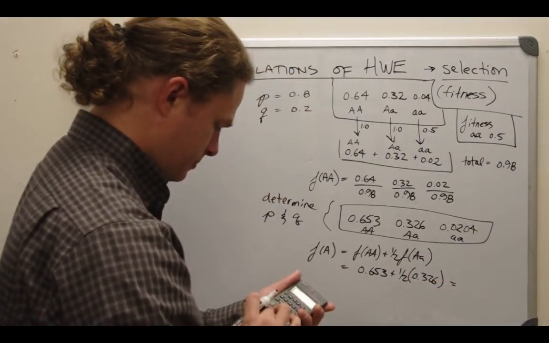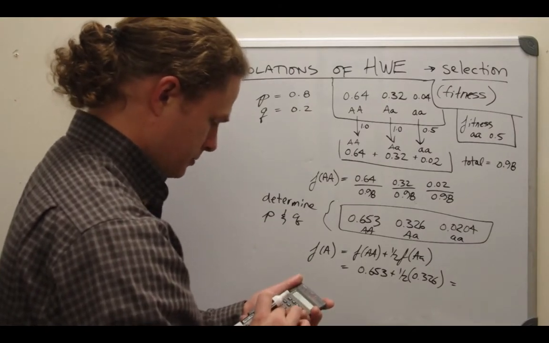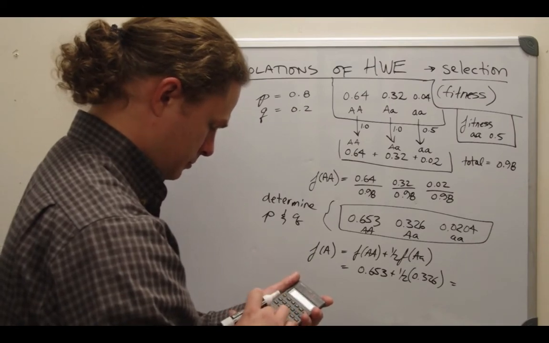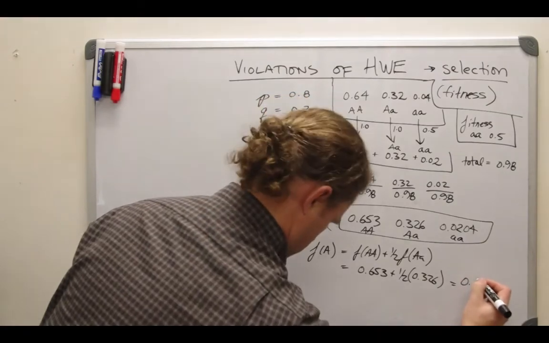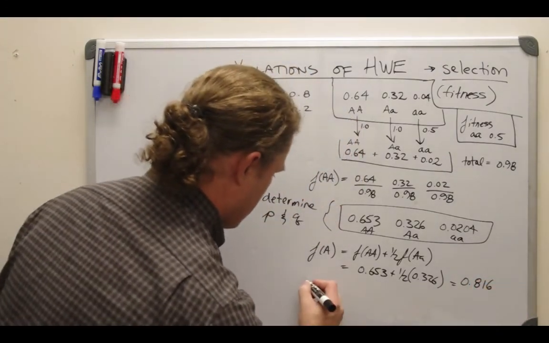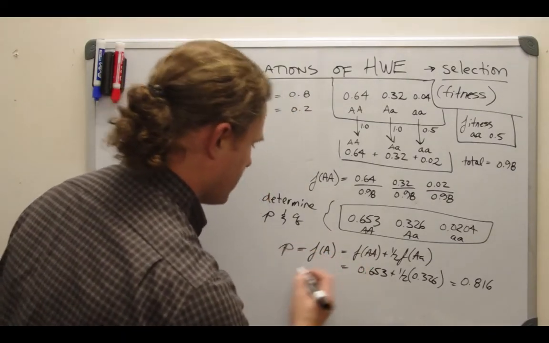So let's just crunch that. And again, there's going to be some rounding issues here. So that comes out to about 0.816. And so P equals that.